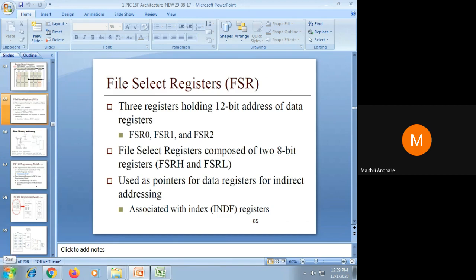Just remember in 8051 we have seen the indirect addressing mode. What we have done there, we have used the @ symbol. So instead of directly providing the address of that location, we will just provide the indexing through the index register, that location can be accessed. So that is called as the indirect addressing as well as the file select register combination.